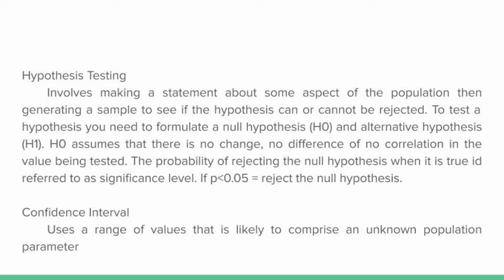The probability of rejecting the null hypothesis when it is true is referred to as significance level. An example: if P is less than 0.05, we reject the null hypothesis.